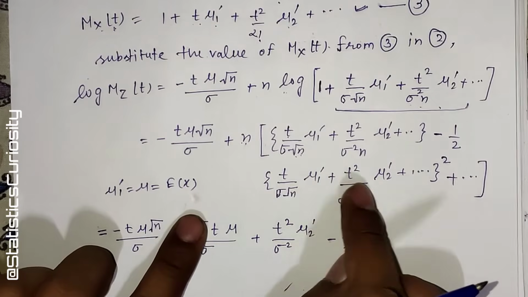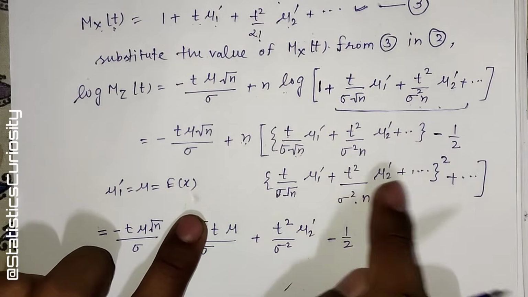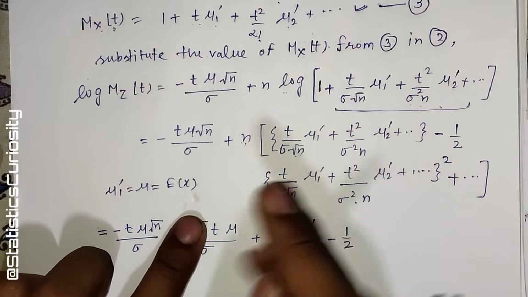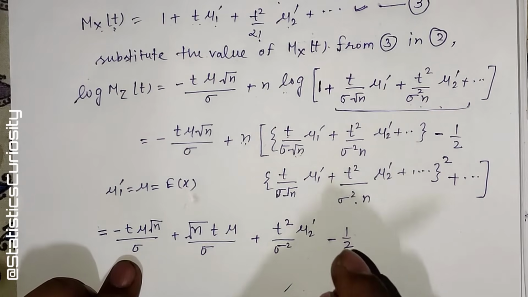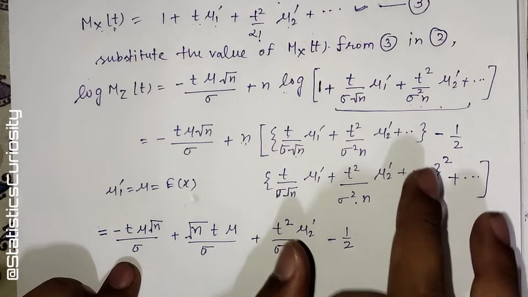we all know a plus b plus c whole square is a square plus b square plus c square plus 2ab plus 2bc and so on. But we only have to write the term that does not contain n.